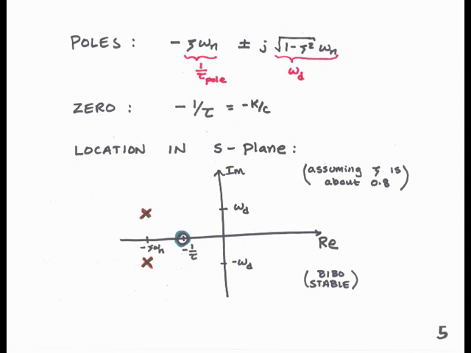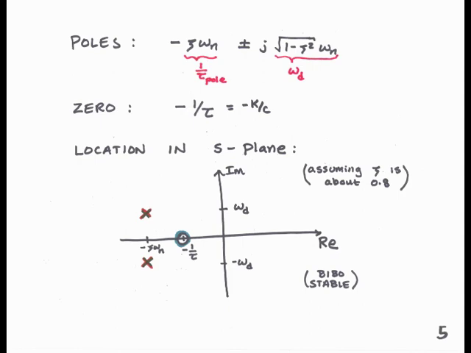Zeta omega n is equal to 1 over the time constant of the pole, which is labeled tau sub pole. The zero of the transfer function is given by minus 1 over tau. And of course, tau was C over K, so this is minus K over C.